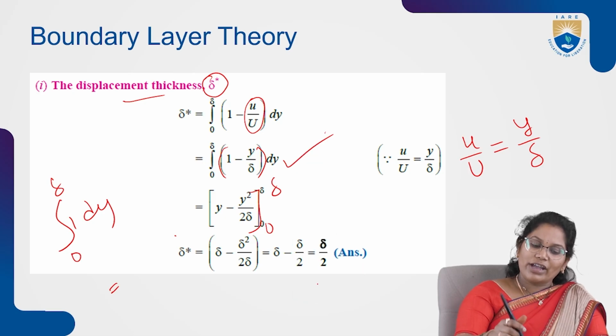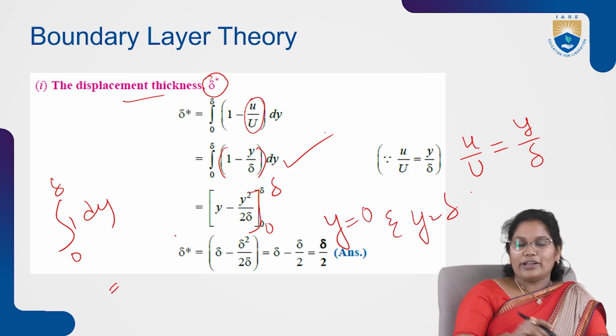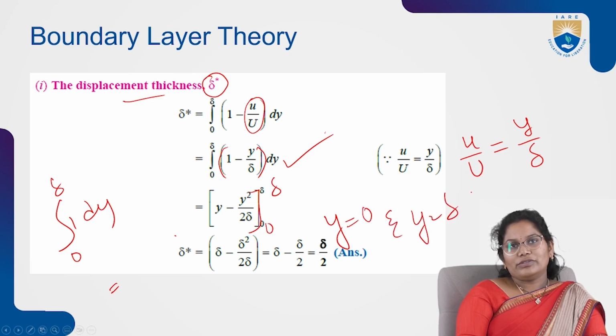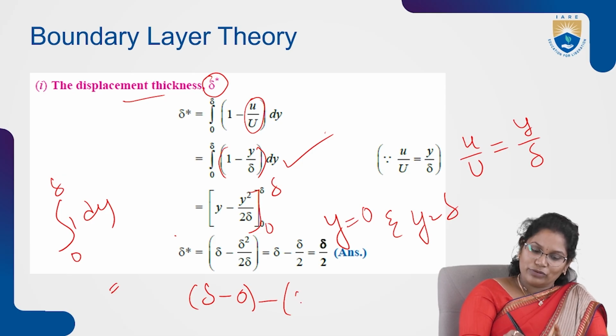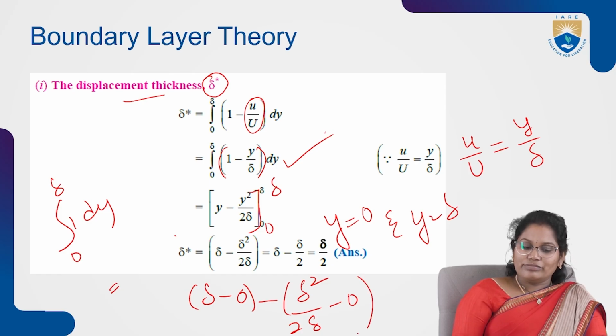So first, delta minus 0, minus of it will become 0. In place of y you are writing delta, that's it. So 2 into delta minus 0 with those limits.